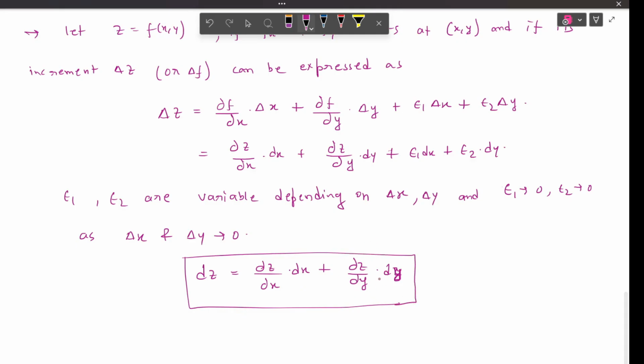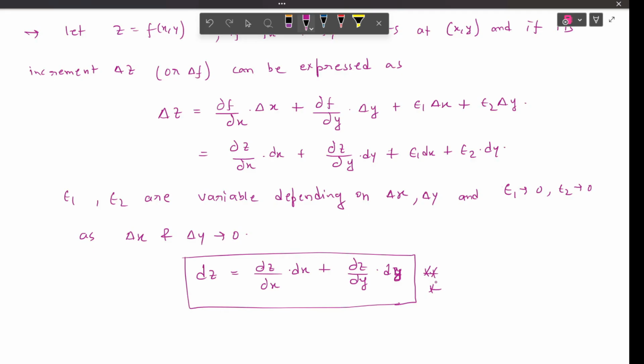This is called total differential, or simply differential of z or f of x, y. So remember this, it is extremely important. Here z is a function f of x, y. So dz, you can write as del z del x into dx plus del z del y into dy. Remember this is extremely important.